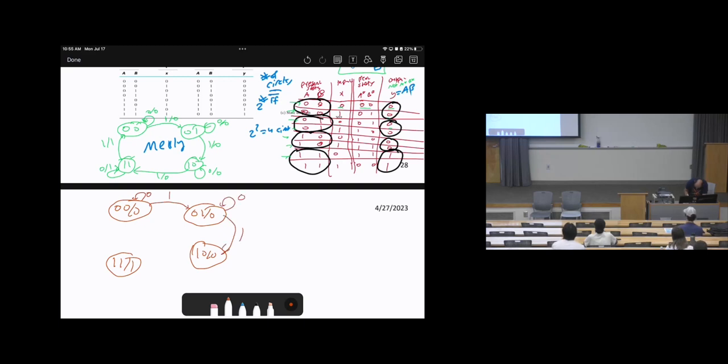If it is 1, it will go here. And this is written in Moore model. So in today's lecture, this is the only example that can be done in Moore model. Any question?